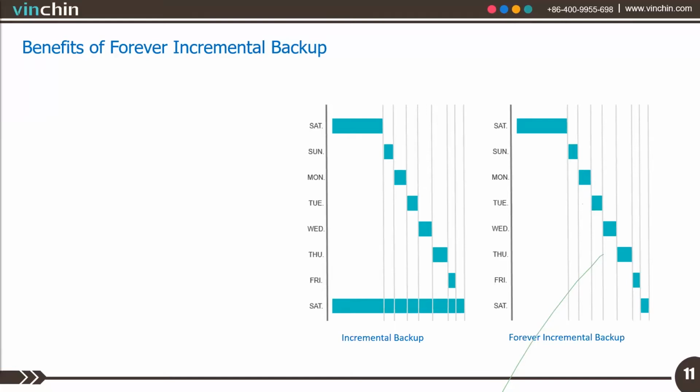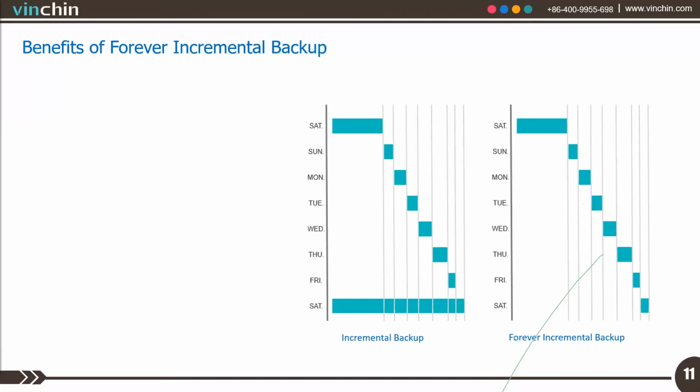Based on these 2 diagrams, if we extend the timeline to 4 weeks and a few days more, but less than 5 weeks, there will be 4 full backups generated by incremental backup. But we still got only 1 full backup by forever incremental backup.